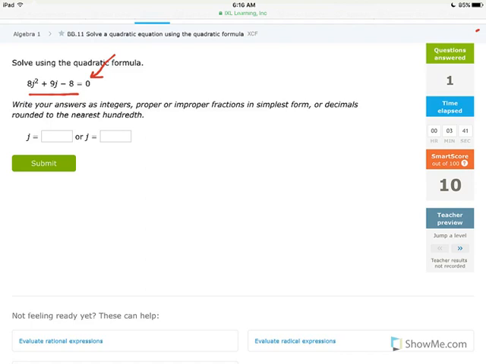And the first thing you probably want to do is establish what the a, the b, and the c values are. So looking at your standard form, it looks like the a value, the lead coefficient on the variable squared, is going to be 8. The b value, the coefficient on the variable that's not squared, is 9.